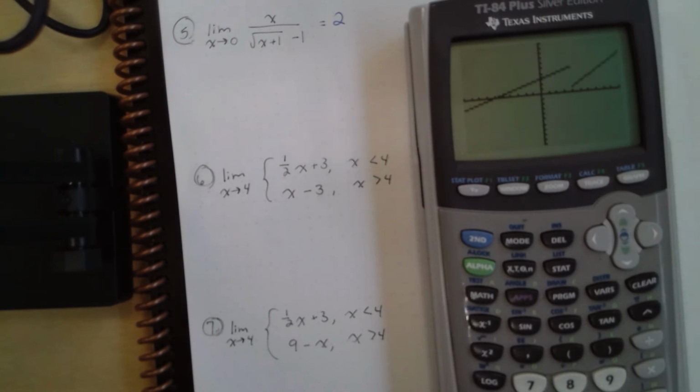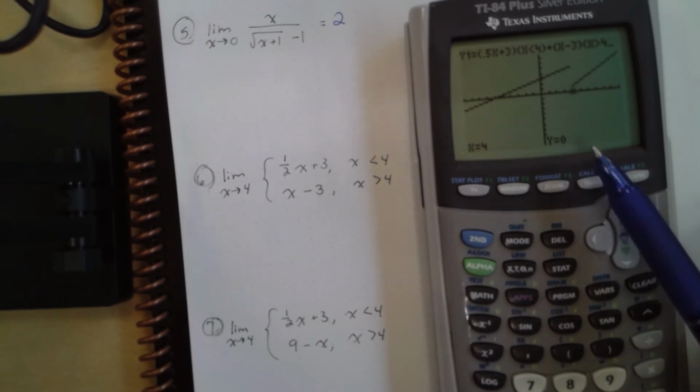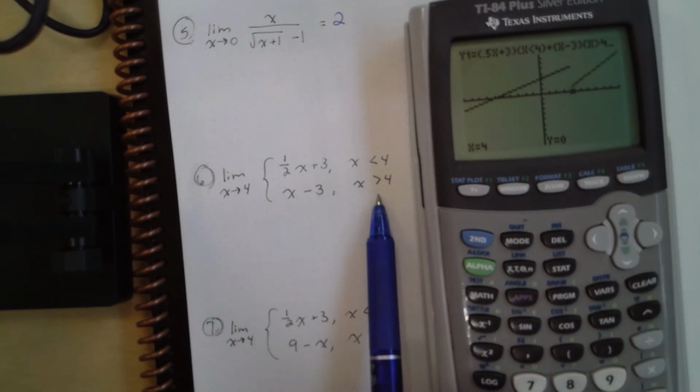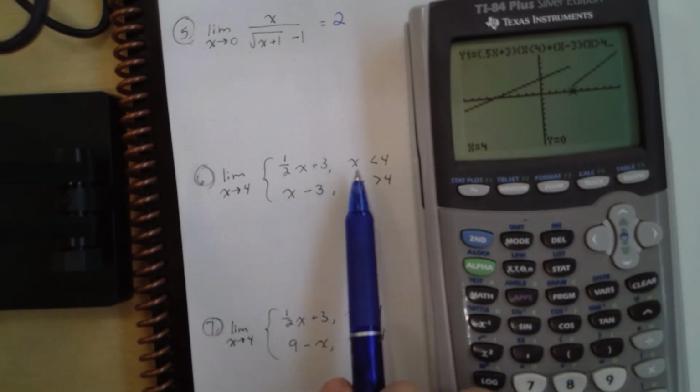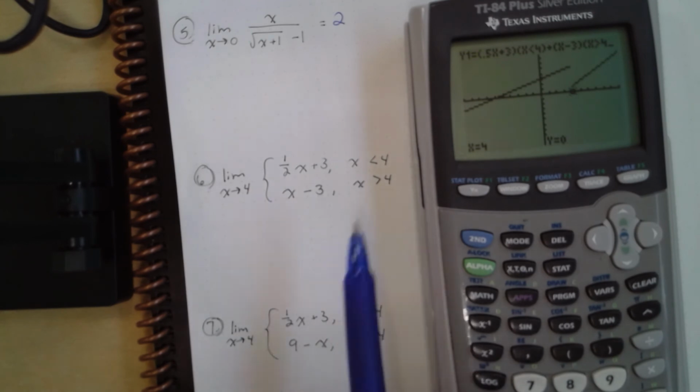And we have 2 lines that really are broken up here. And if we trace 4, it says that we have 0. But that's not actually correct. And we know that because when we're looking at this piecewise function, we can see 4 is never equal to anything, right? It's never actually equal. So what is this going to be? Well, we're going to trace.